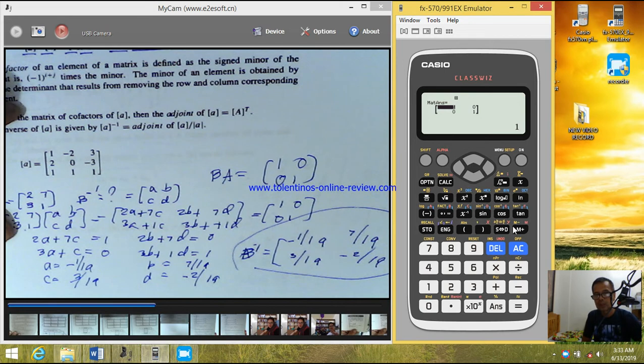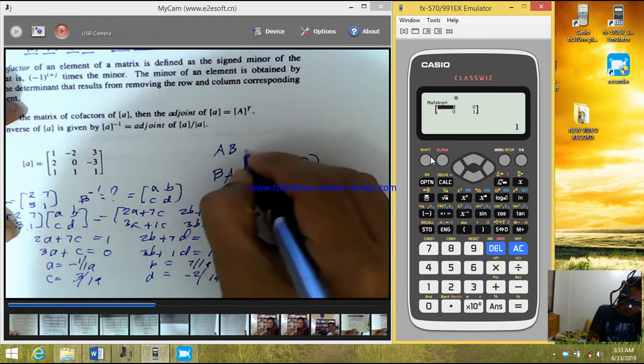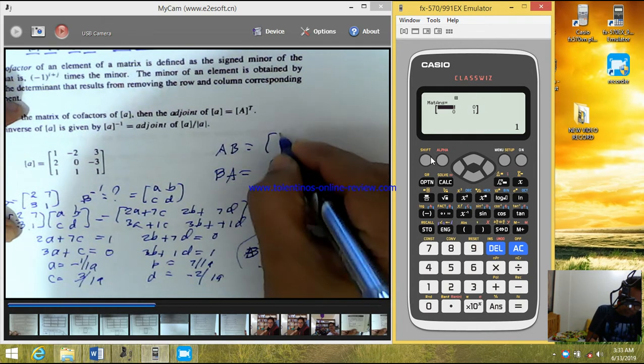Okay. Or let's say, I multiply this time matrix A times matrix B. Baliktad naman. You see na pareho lang siya. So yung AB mo is pareho din.